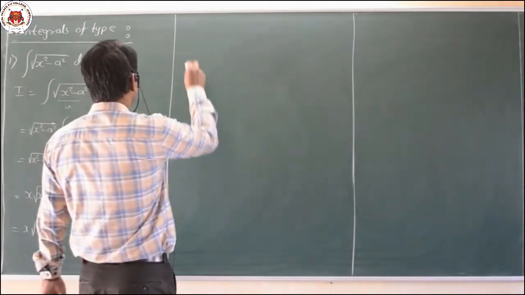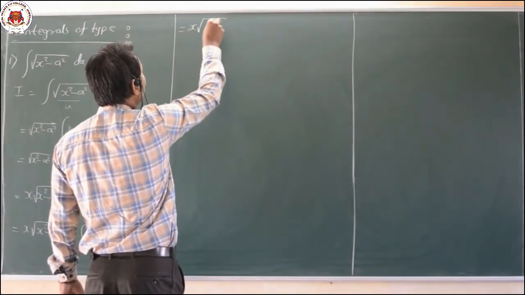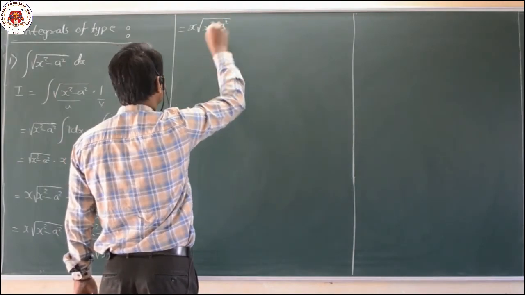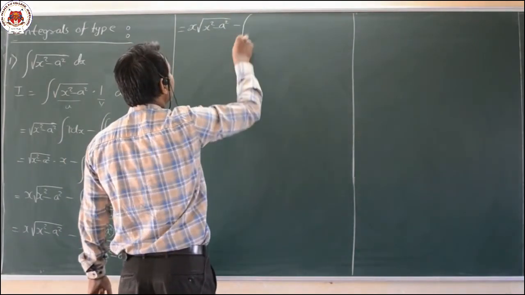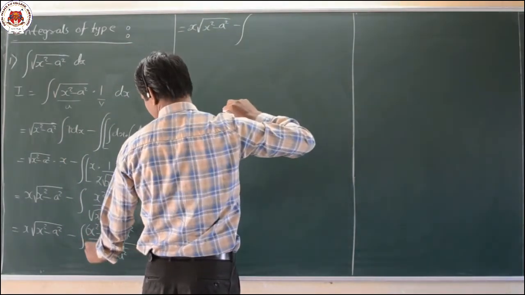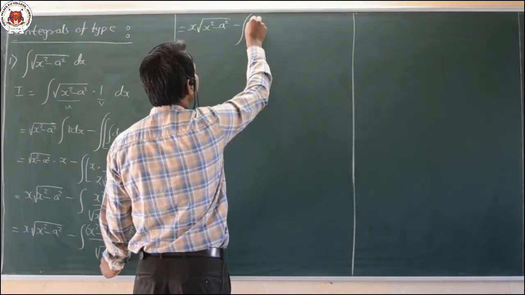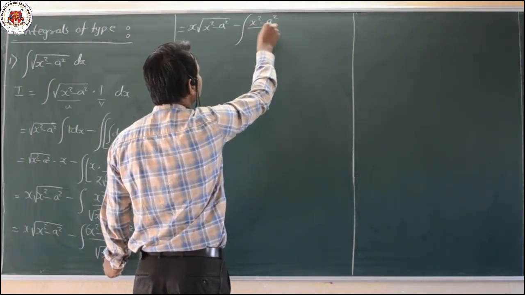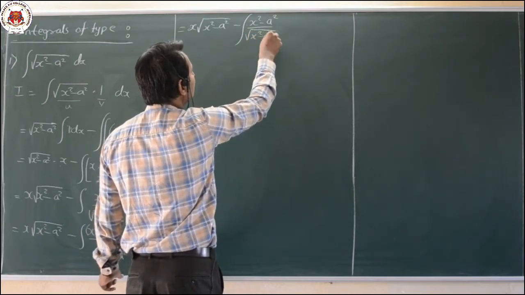So now we get x into root of x square minus a square, minus integration of x square minus a square divided by root of x square minus a square.